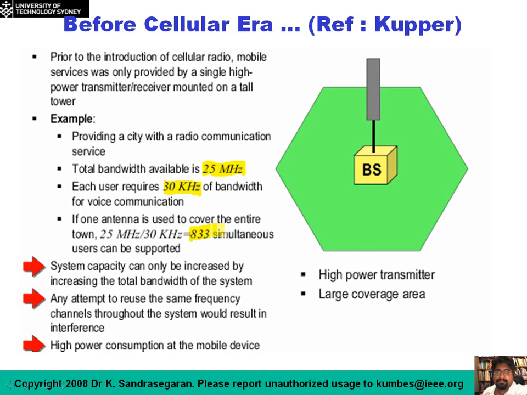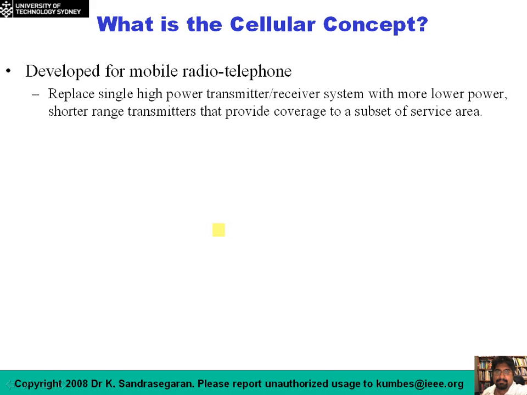So that's where the concept of the cellular network comes in. So essentially it was a concept that was developed for mobile radio telephony systems, because the bandwidth was very expensive and you had a very finite amount of bandwidth, and you want to maximize the use of that limited resource.